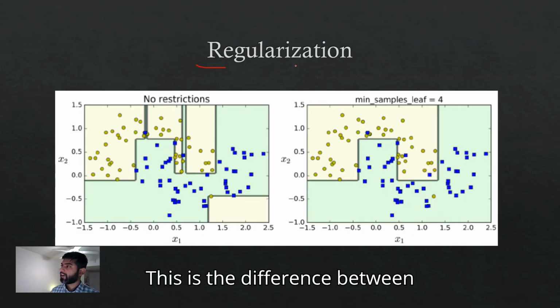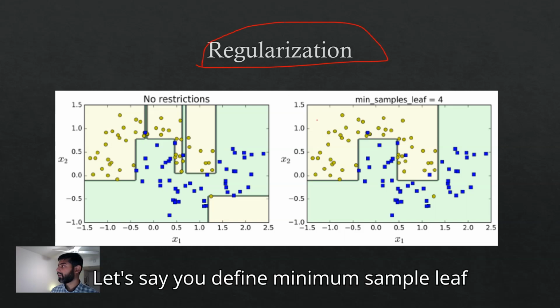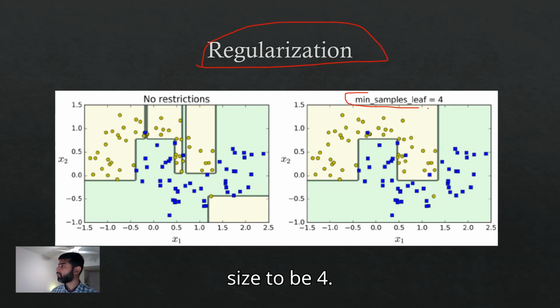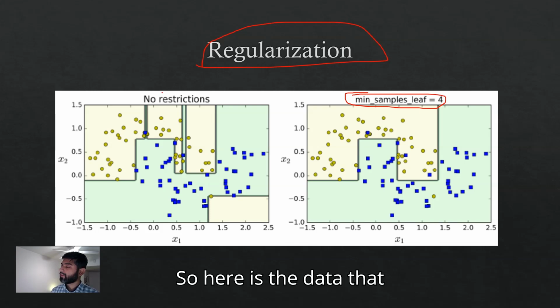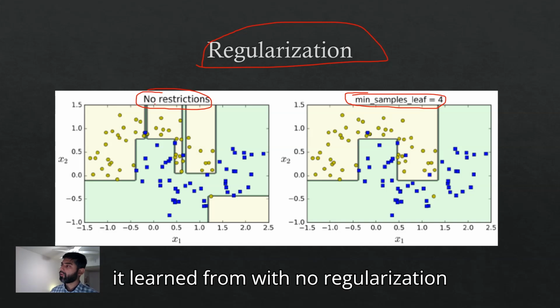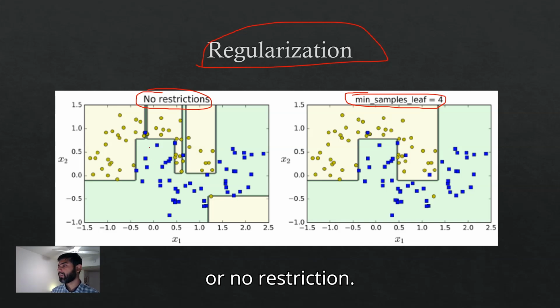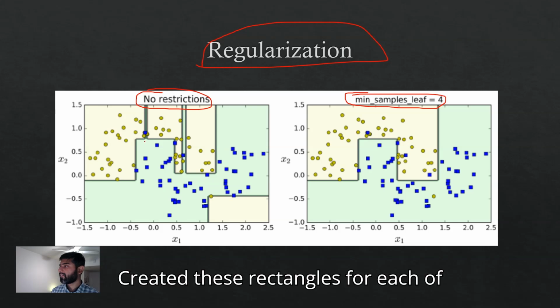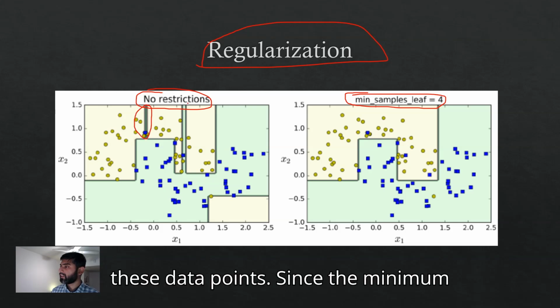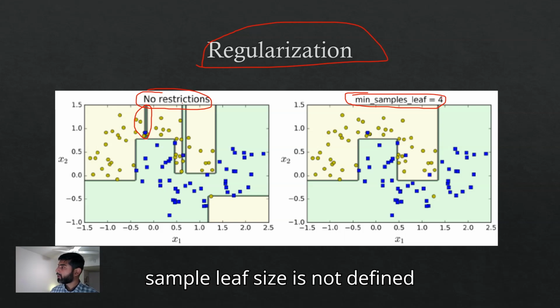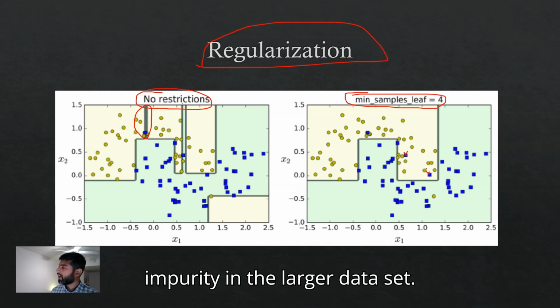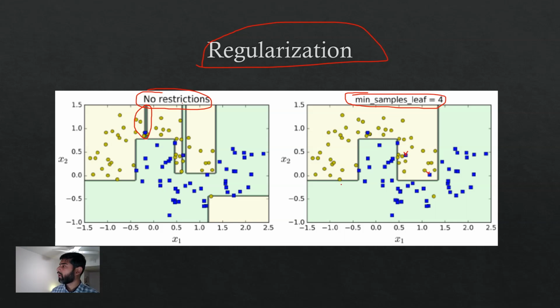This is the difference between regularization and non-regularization. Let's say you define minimum sample leaf size to be 4. So here is the data that it learned from with no regularization or no restriction. We created these rectangles for each of these data points. Since the minimum sample leaf size is now defined to be 4, this will count as impurity in the larger data set of the yellows.